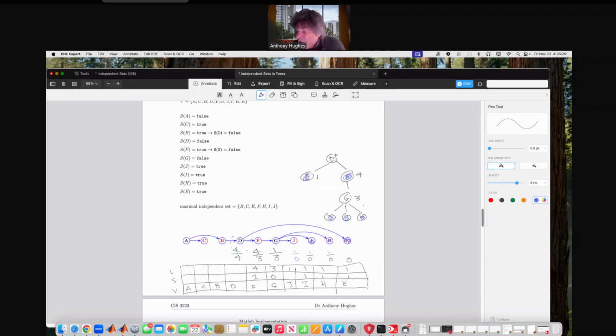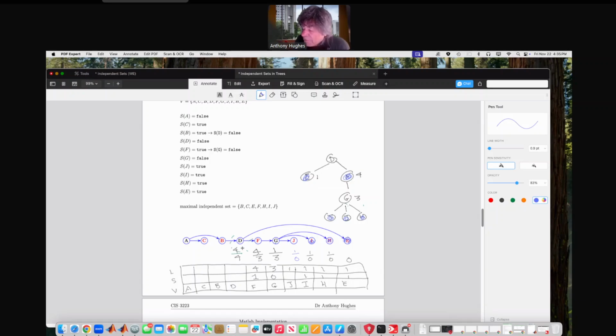We can either include D, that gives us 1, plus the grandchild, that gives me 3. So I include D, and I can include G. Or I can exclude D, and I get 1 and 4, giving me 5.